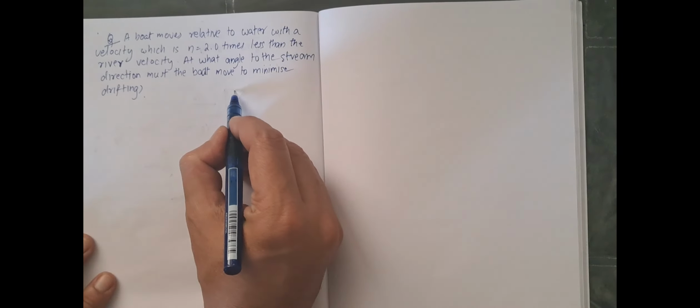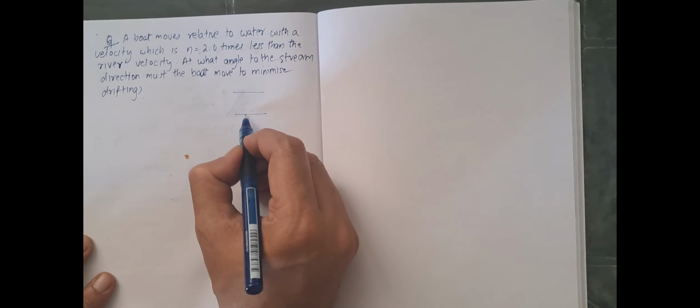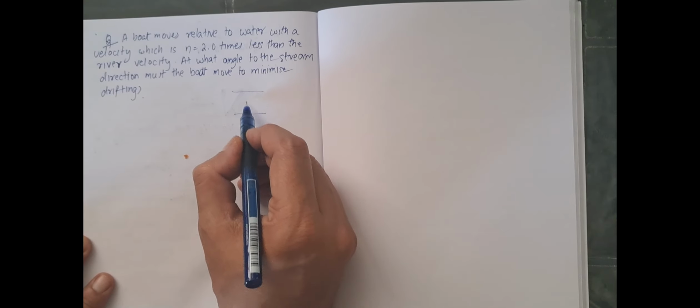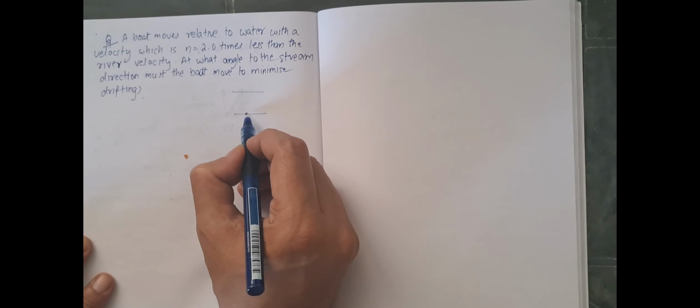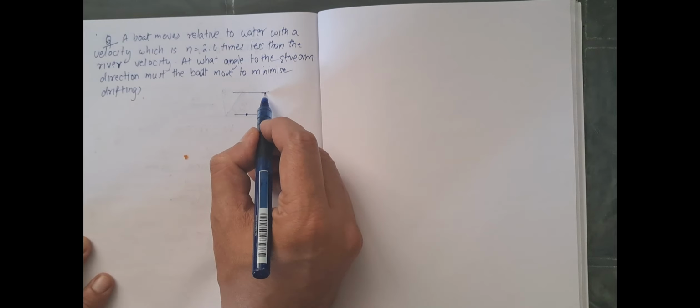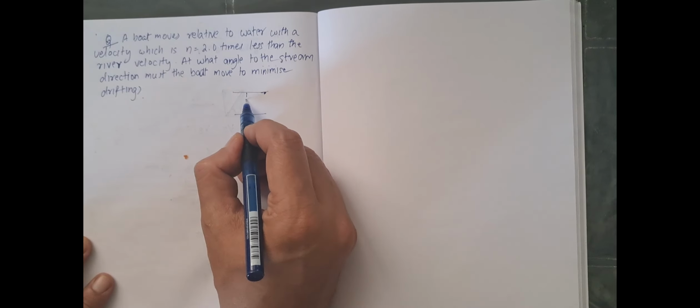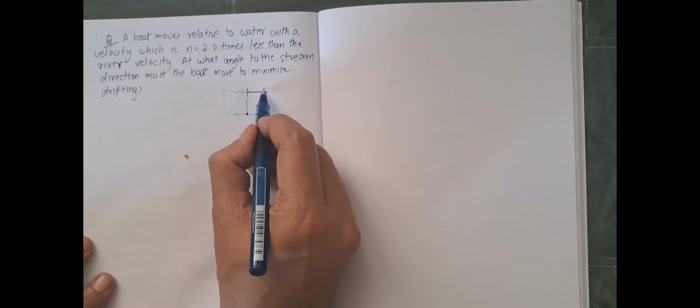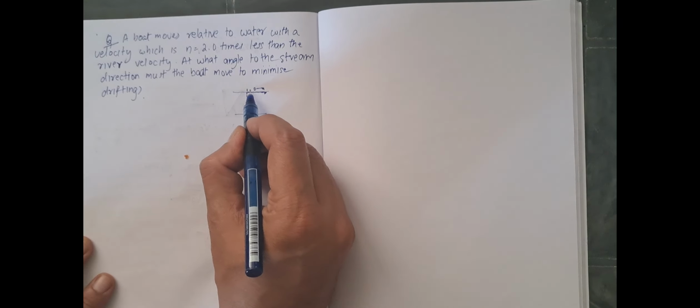At what angle to the stream direction must the boat move to minimize drifting? Drifting, I just told you what is drifting. Suppose there is a river and a swimmer or any boat moves along the river in any direction, compared to this point, if it reaches the other bank on this point, this total distance will be the drift. So this is the drift.